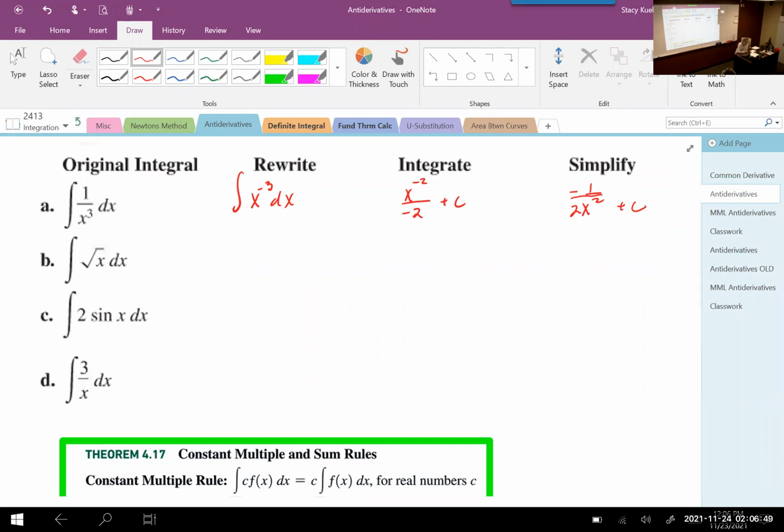So let's try the next one. We want to know what is the integral of the square root of x. So I'm going to rewrite this as x to the positive 1/2 dx.